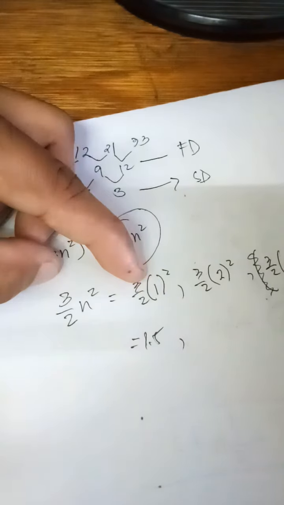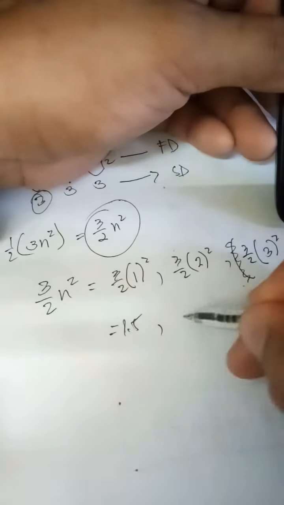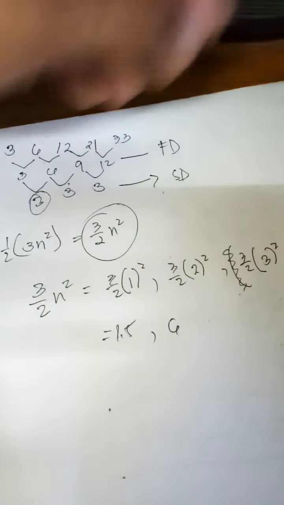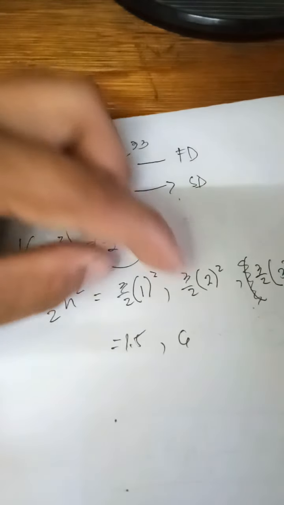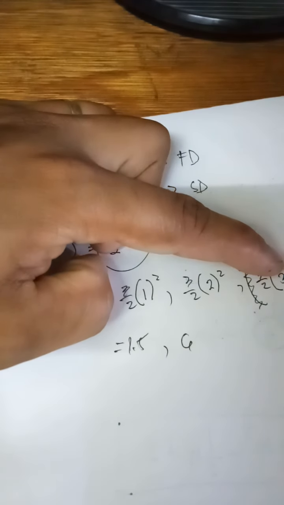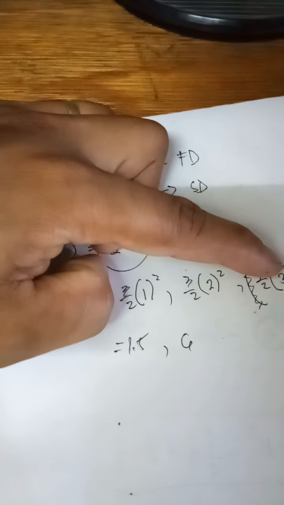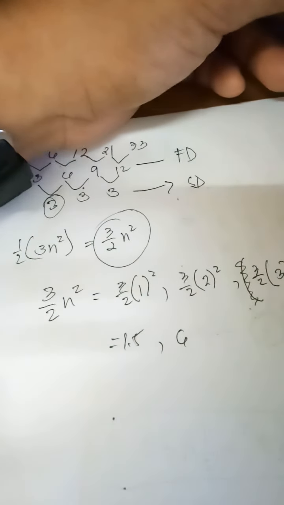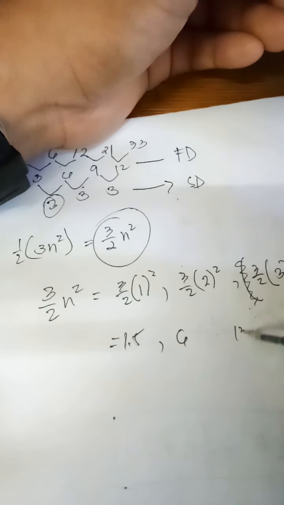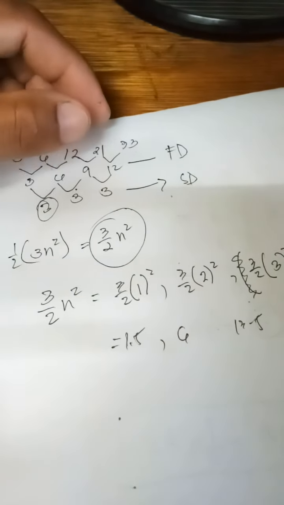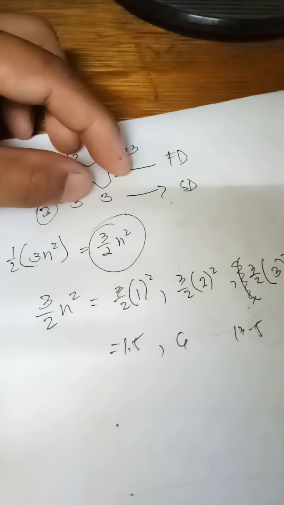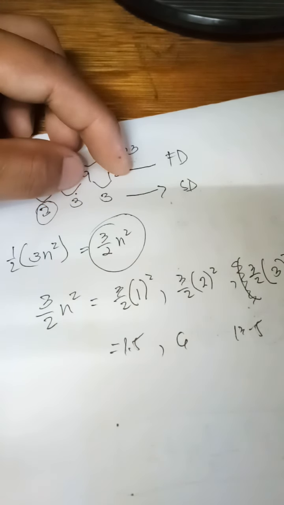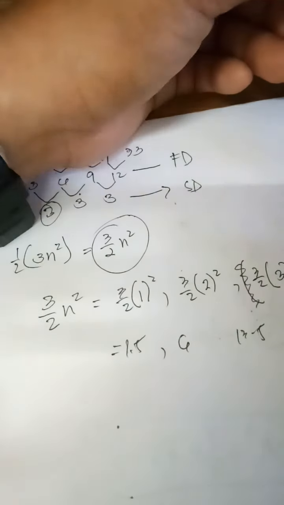Next term natin, we have 4 times 1.5, that is 6. And next, we have 9. 3 squared is 9, so 9 times 1.5, that is 13.5. And 16, we have 16 times 1.5, that is 24.